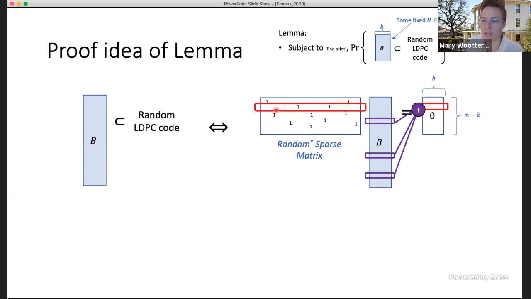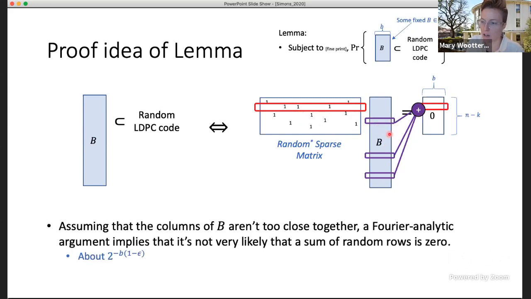And in the particular distribution that we're looking at, these ones are random enough that you could basically use some Fourier analytic argument to show that, provided that this set B is not too pathological, then if I take a sum of a bunch of rows, the probability that that sum of a bunch of random rows is 0 is about what it should be, which is like 2 to the minus b. And then you have this little 1 minus epsilon fudge factor, which depends on the number of random rows you take.